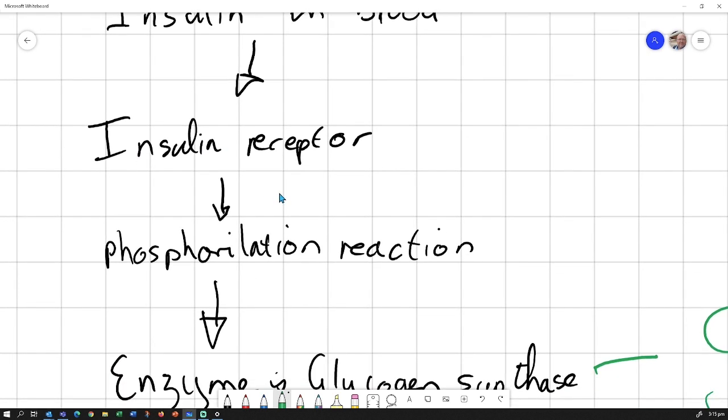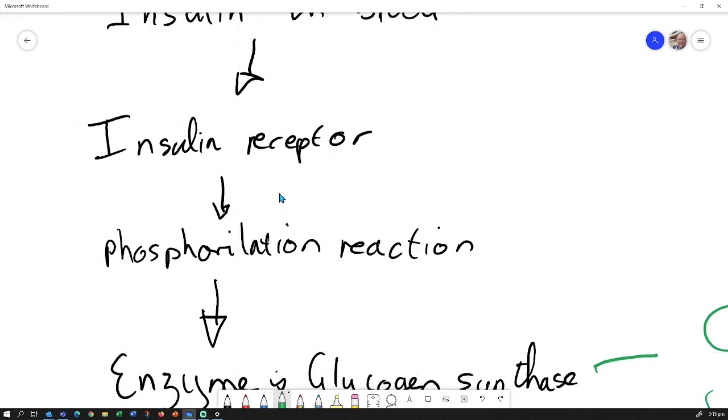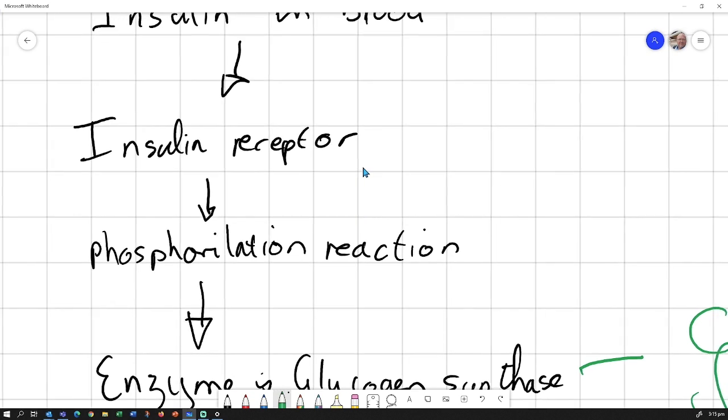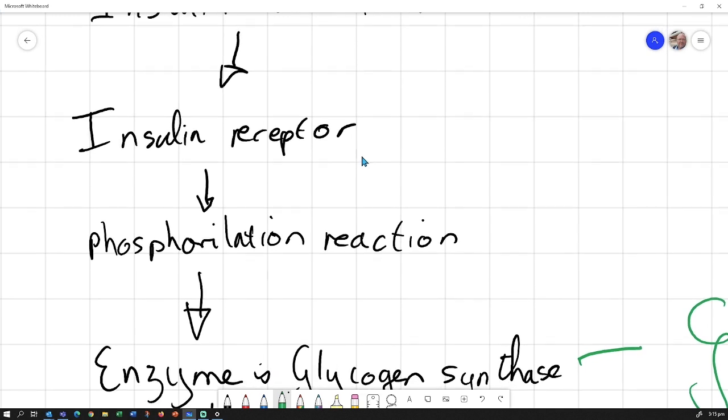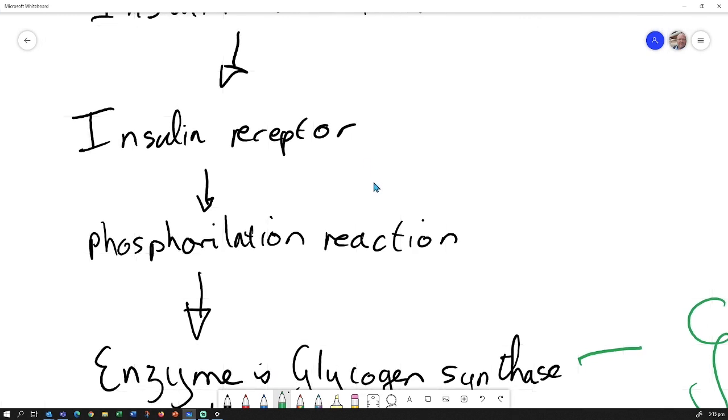And we find these on various different cells. However, the first one that I'll discuss is when it hits the insulin receptor on your liver cells. Okay, because liver cells and brain cells also have GLUT2, the transport protein or channel protein.